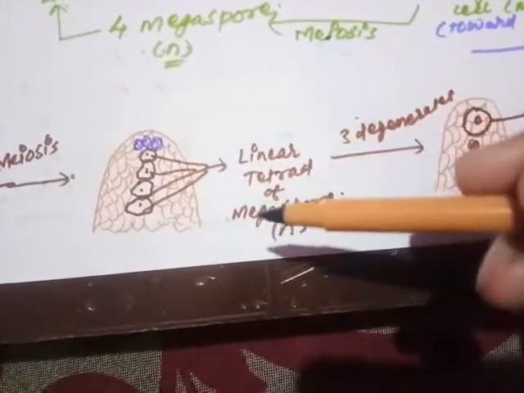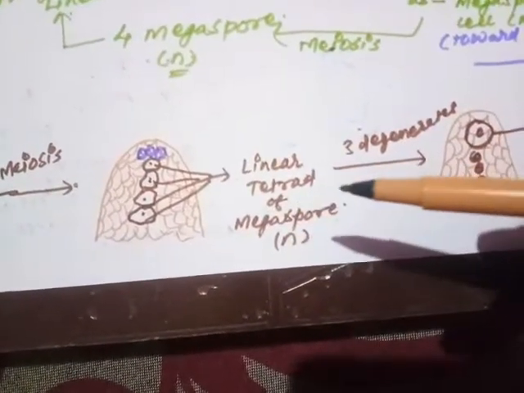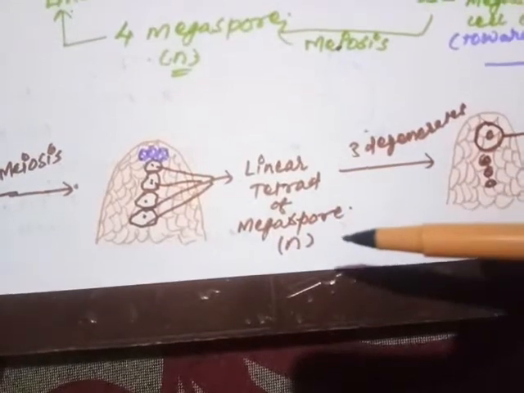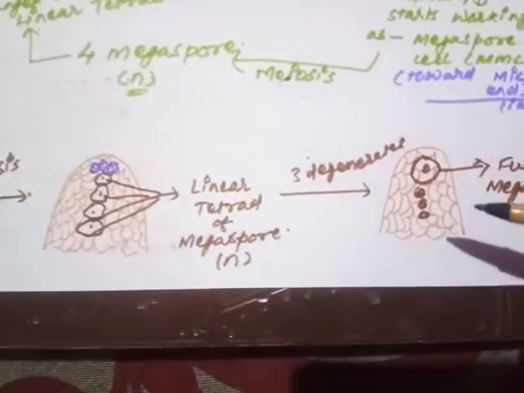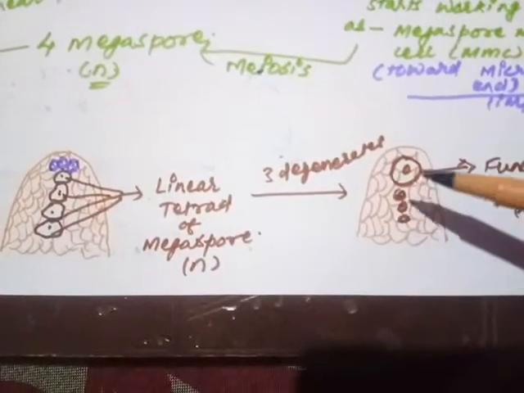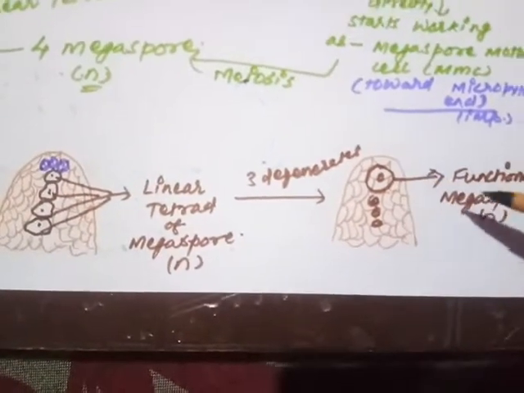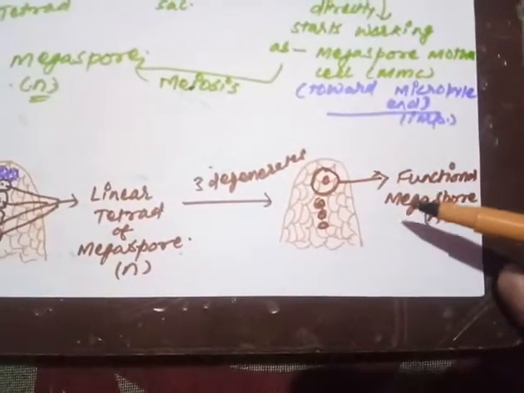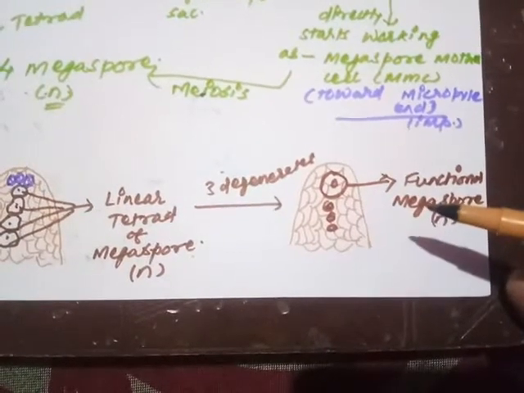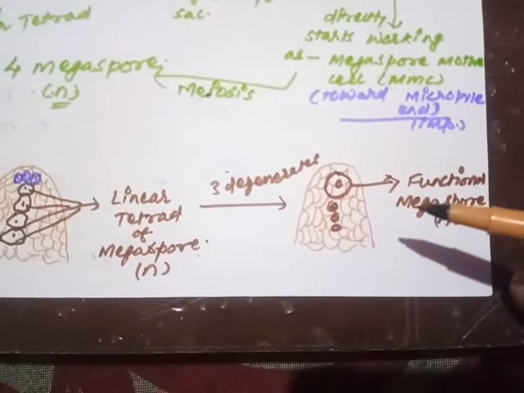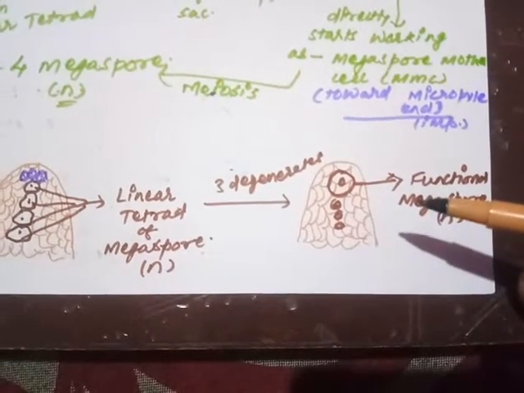Out of these four linearly arranged megaspores, three toward the micropylar end get degenerated, and only one remains functional, lying toward the chalazial end, and that is going to take the responsibility of formation of the female gametophyte.